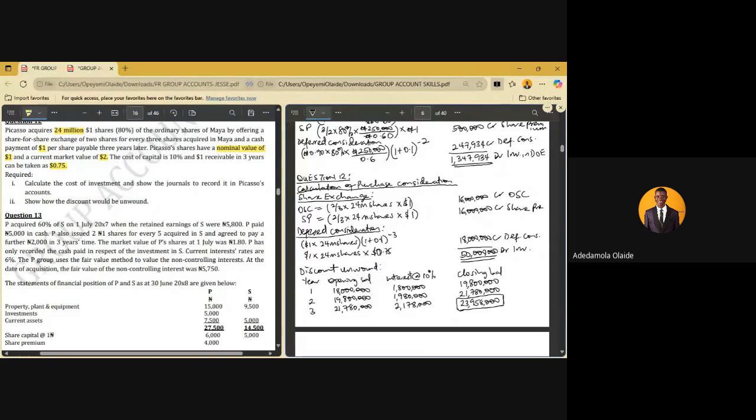But this difference is not material. Are we getting it? The difference is not material, so we can just let it go. But if we had used the formula method, it should have given us exactly the 24 million, since they are paying $1 times 24 million shares. Is it clear?